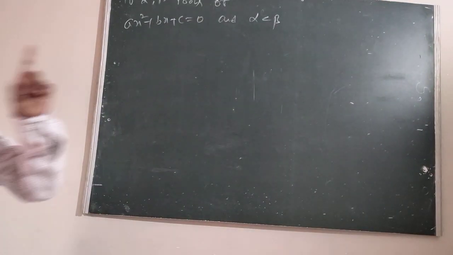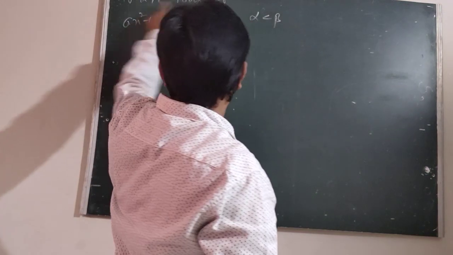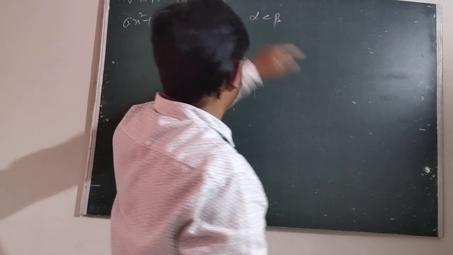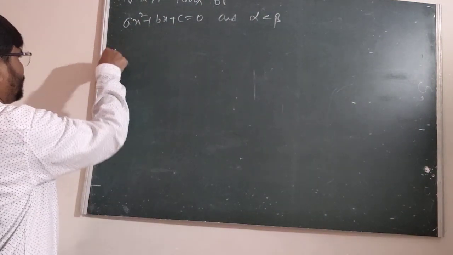Here we observe the smallest root is alpha. Therefore, if alpha and beta are the roots of ax square plus bx plus c equal to 0 and alpha is less than beta.